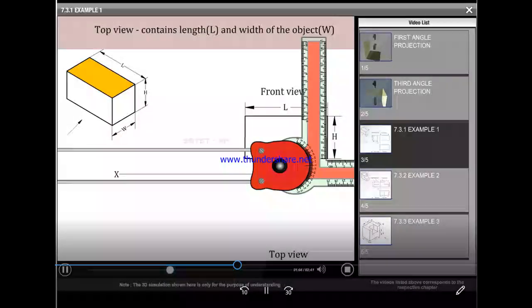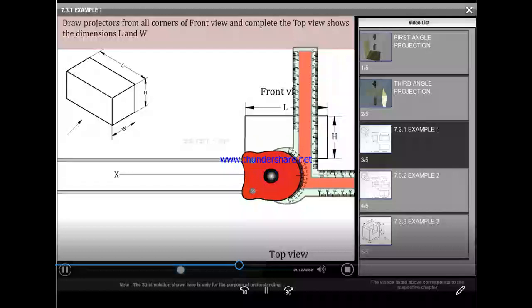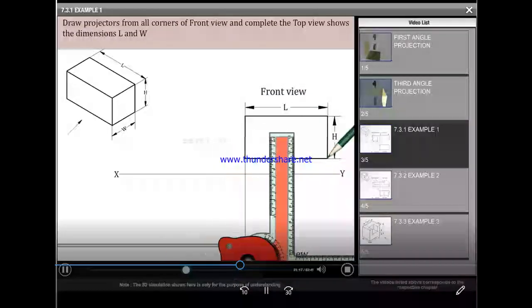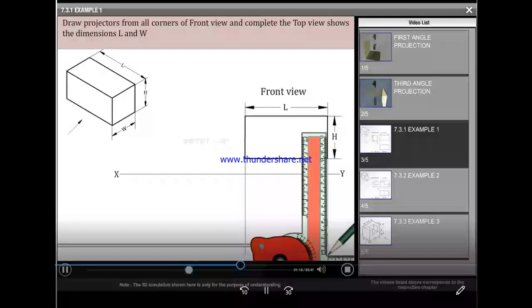Top view contains length and width of the object. Draw projectors from all corners of the front view and complete the top view showing the dimensions length and width.